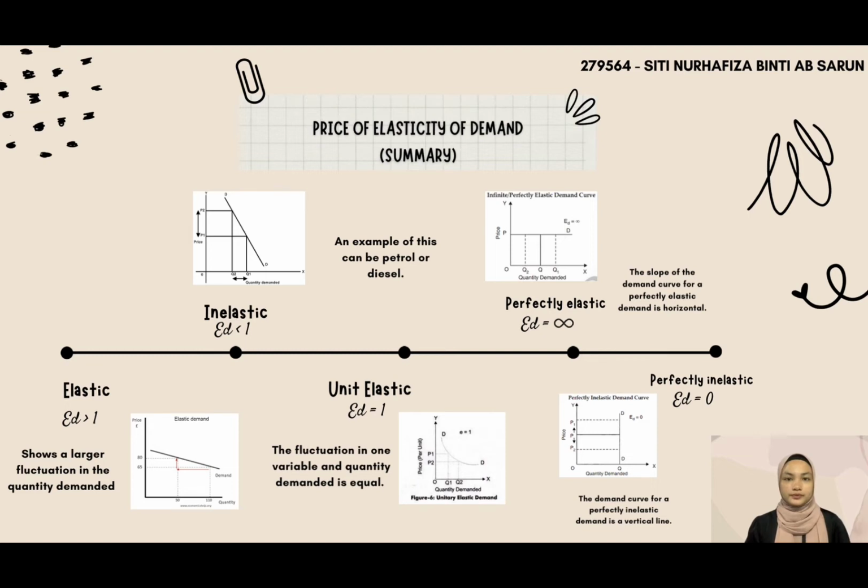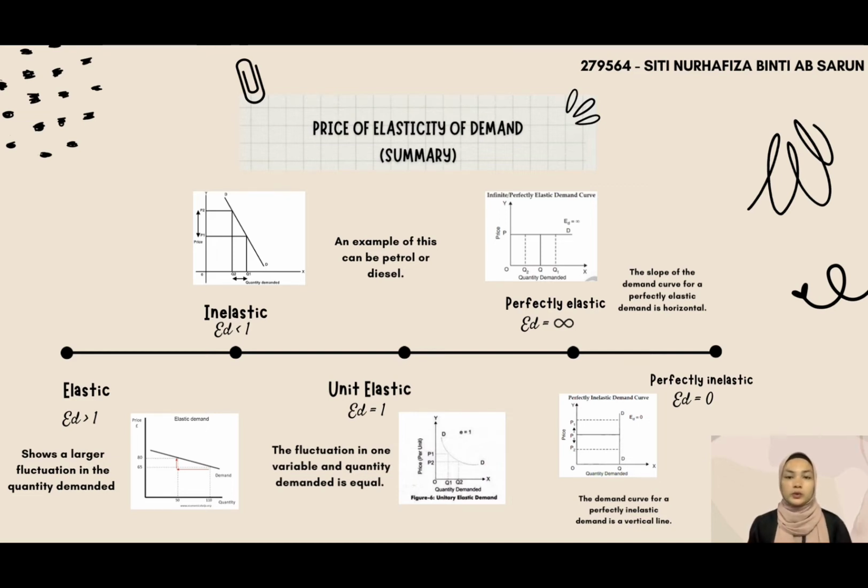An example of this can be petrol or diesel. Next, unitary elastic is one in which the fluctuation in one variable and quantity demanded is equal.